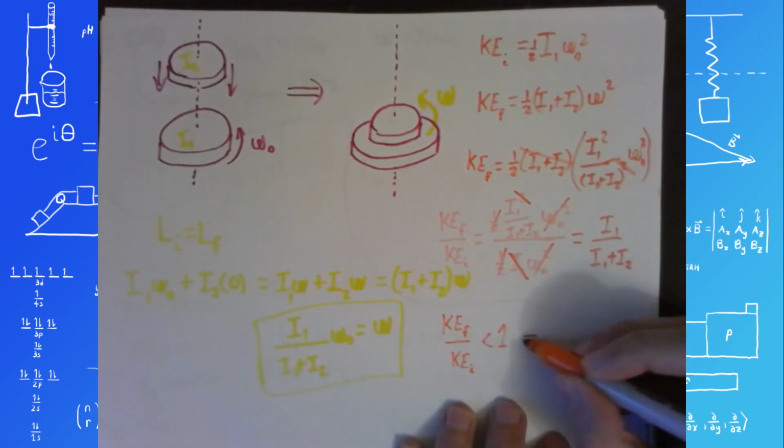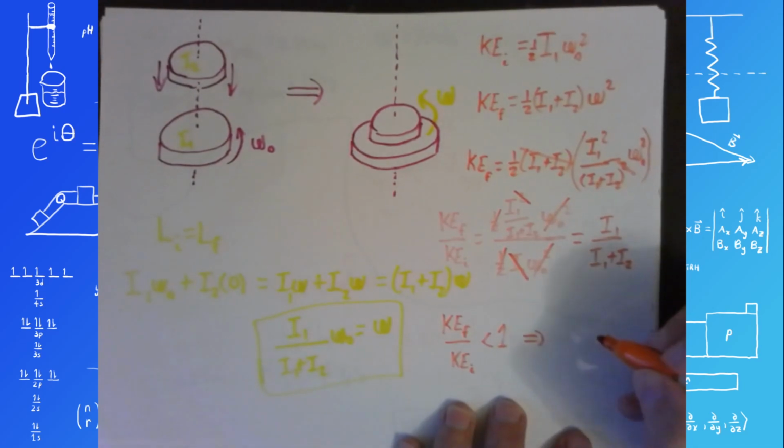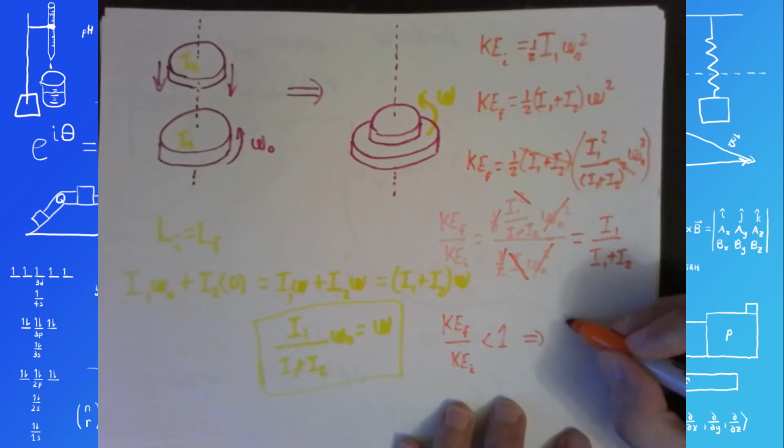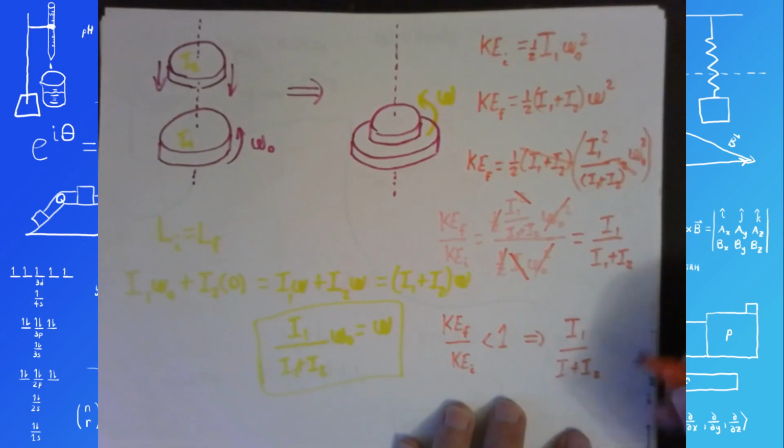So in other words, all we have to do is show that I1 over I1 plus I2 is less than 1.